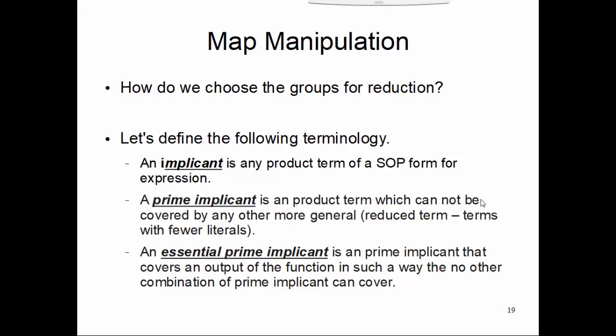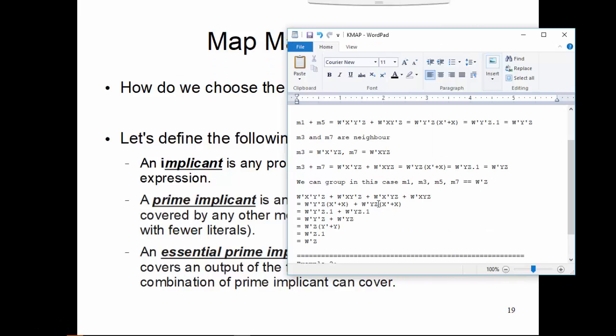So we are reducing the terms as we increase the groups. So a prime implicant is that product term which cannot be covered by any other more general terms.